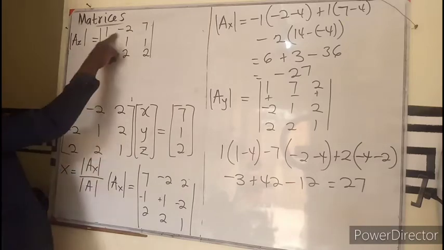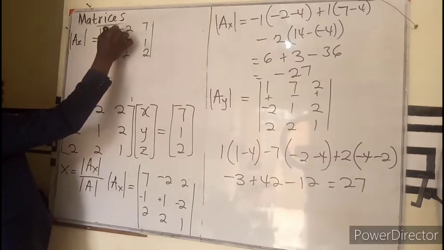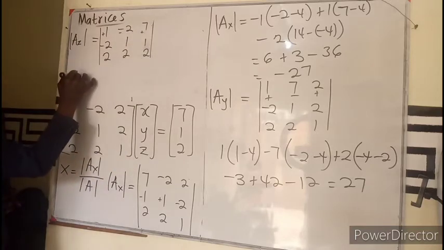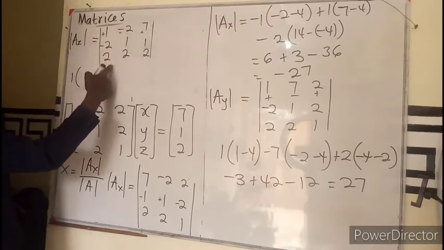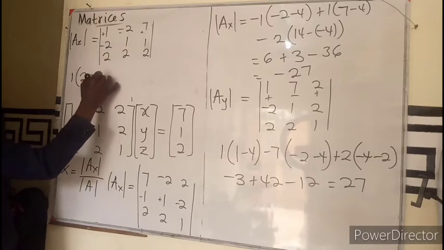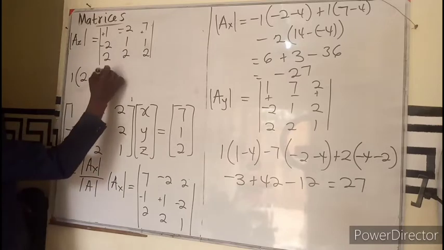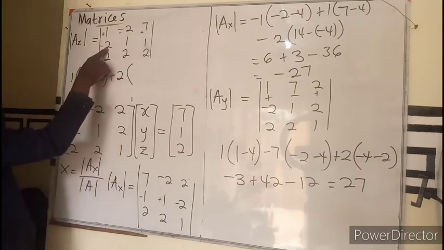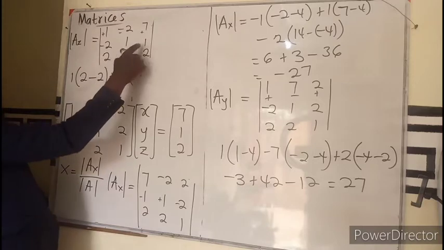So I'll go the first column plus, minus, plus. So 1 plus 1 into bracket. Every row is going, every column. 2 minus what? 2. This will be minus. So minus, minus, plus 2. This is going. The top is going. You're left with this. Minus 4 minus 2.